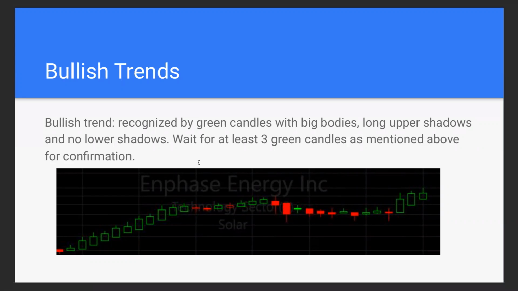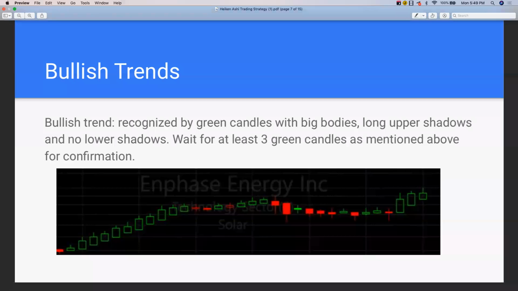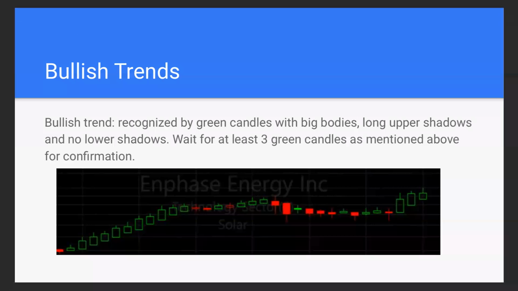Now, when do you consider it to be in a trend? You consider it a trend when you have at least 3 green candles. Okay, in this case, if you look here, you see these 3 green candles, right?